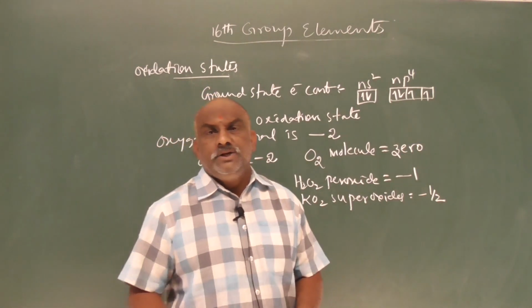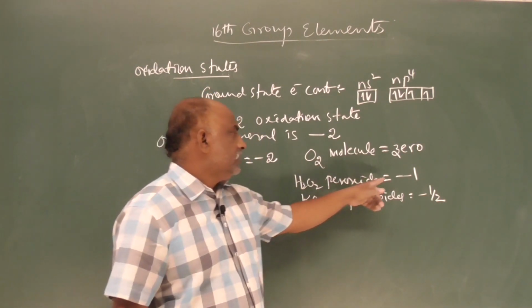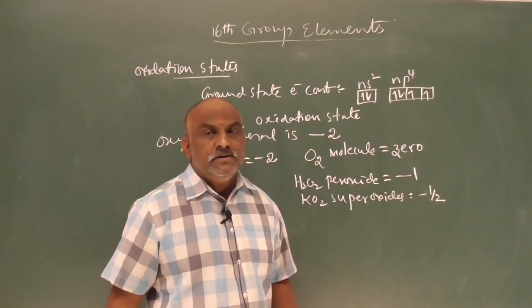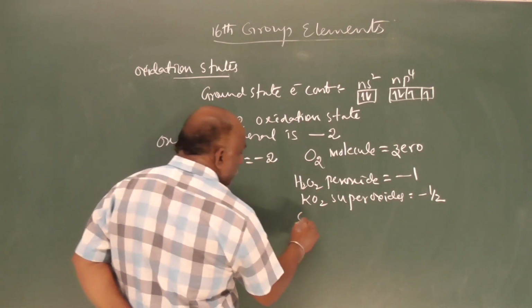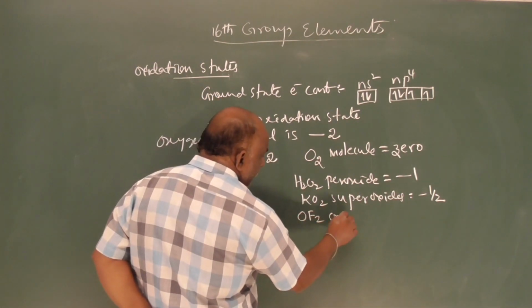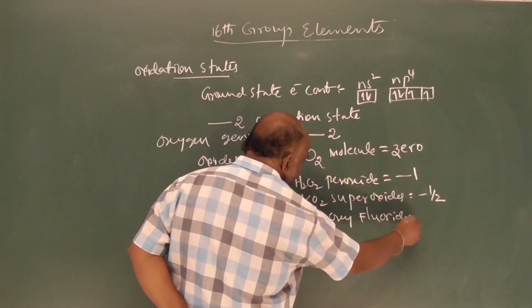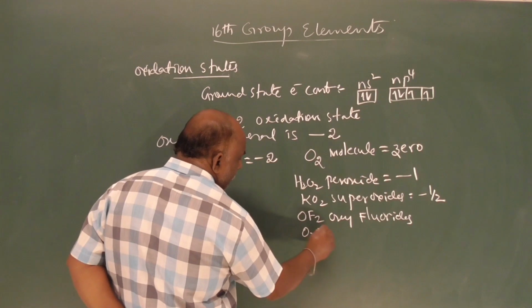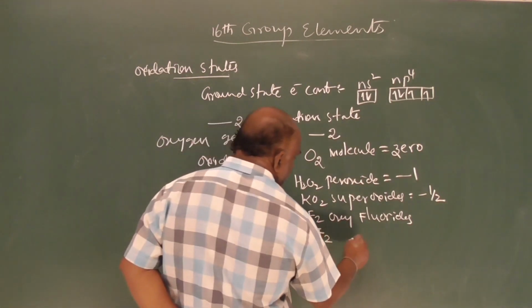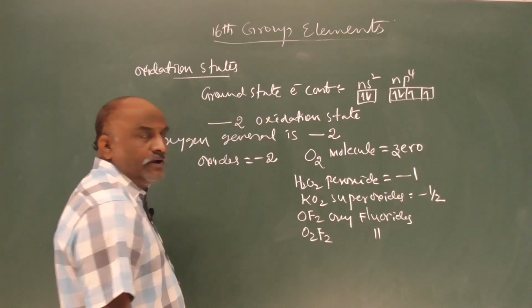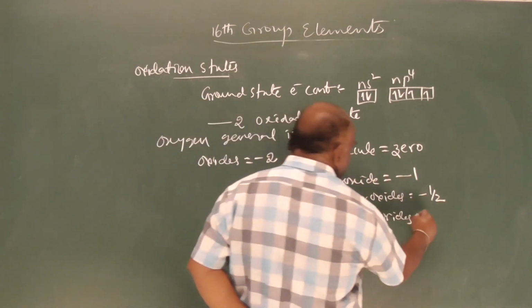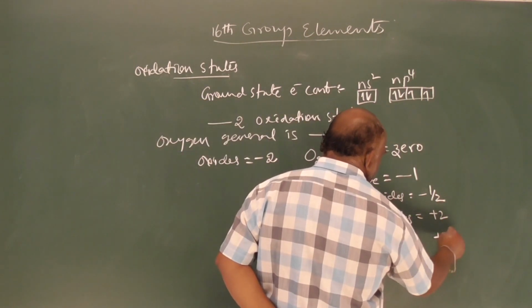Molecular oxygen is 0, in peroxides -1, in superoxides -1/2. OF2 and O2F2 are called oxyfluorides. In oxyfluorides, the oxidation number of oxygen is +2 and +1.